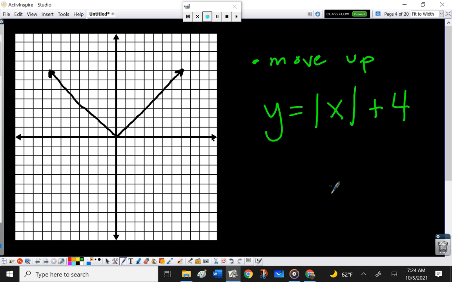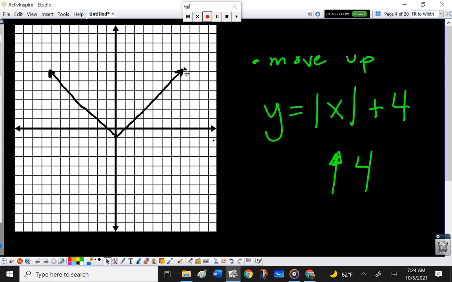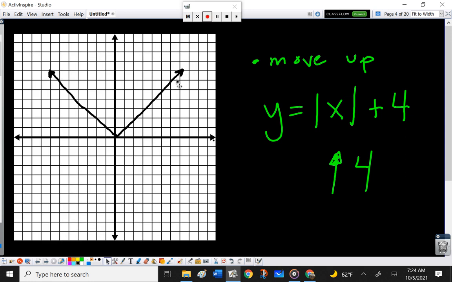This plus 4 outside of the absolute value is going to move our graph up 4 units. So here I go. Ready? 1, 2, 3, 4. And this is the absolute value of x plus 4, shifted up 4 units.